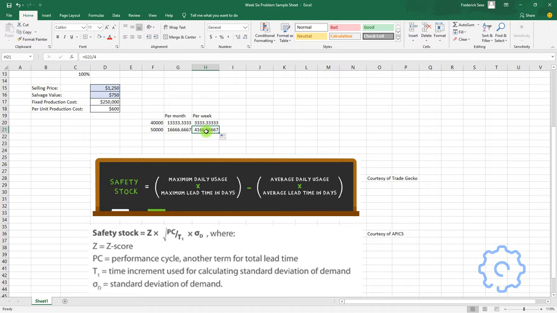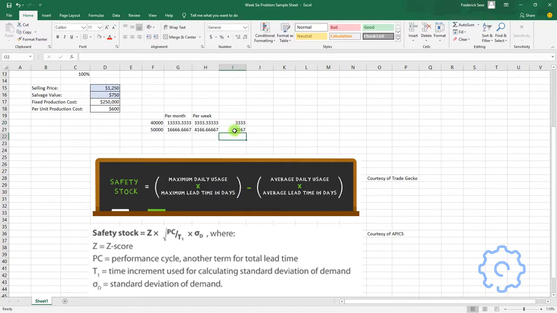Because once again, if you go from 10 to 0 and you add them all up and you divide them, it's always the middle. So if we plan on using 4,166.66 or 4,167, we can always round up.